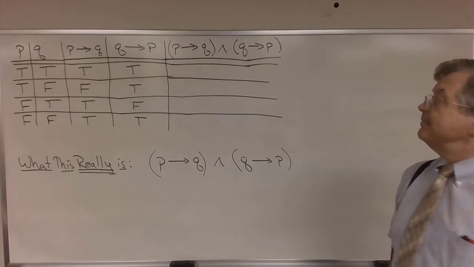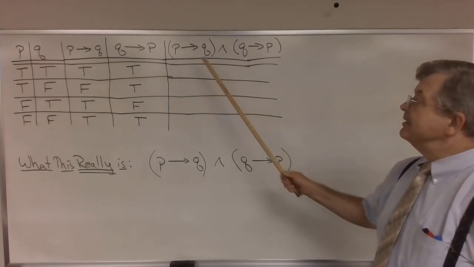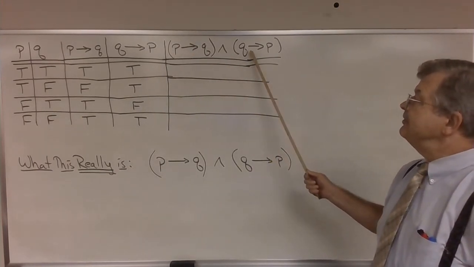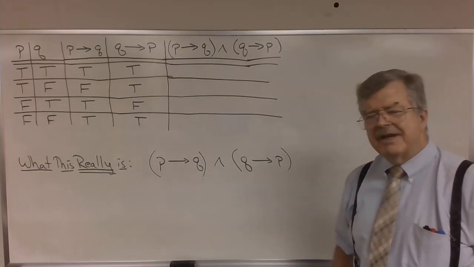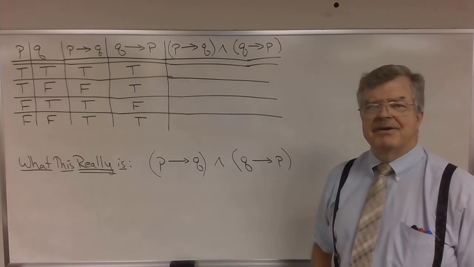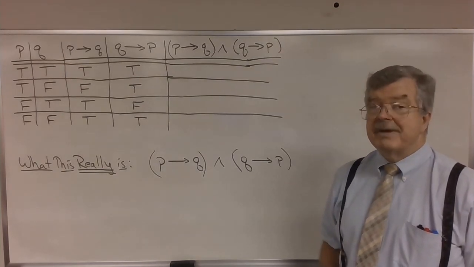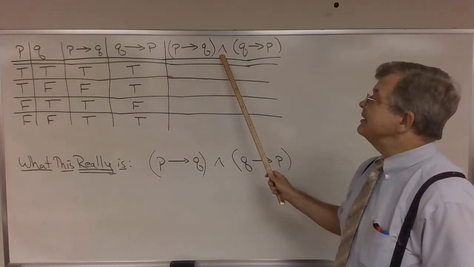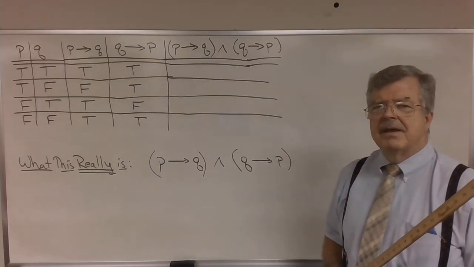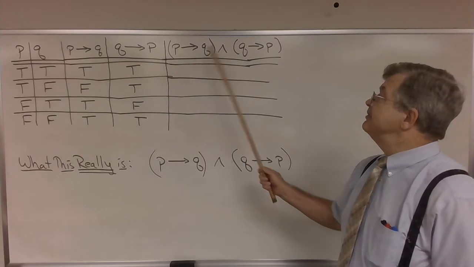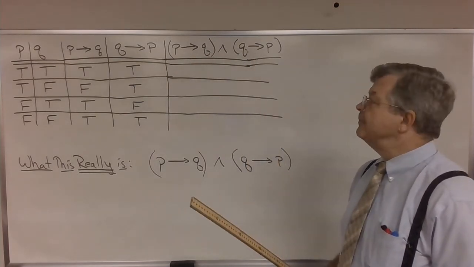Pardon the interruption. We have an and statement. This statement and this statement joined together by an and. What's the special case with an and? Did you look it up in your notes? The special case with an and statement is that an and statement is only true when both of the individual statements are true as well.